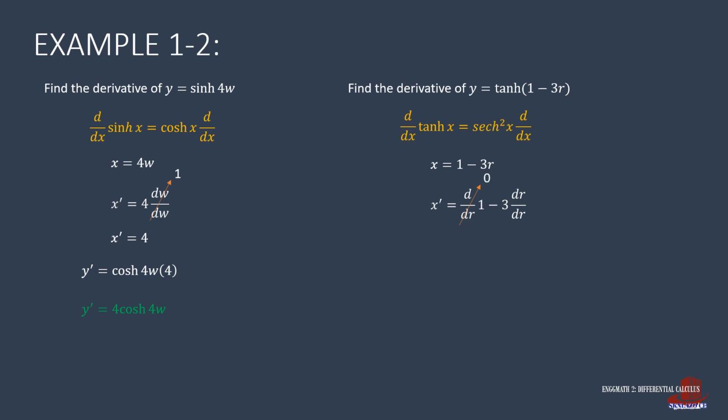The derivative of 1 is 0, because this is a constant. The derivative of r with respect to r is 1, so x prime is negative 3. Place these parameters in the y prime equation to get the square of hyperbolic secant x times negative 3, or that is negative 3 times hyperbolic secant squared of x.